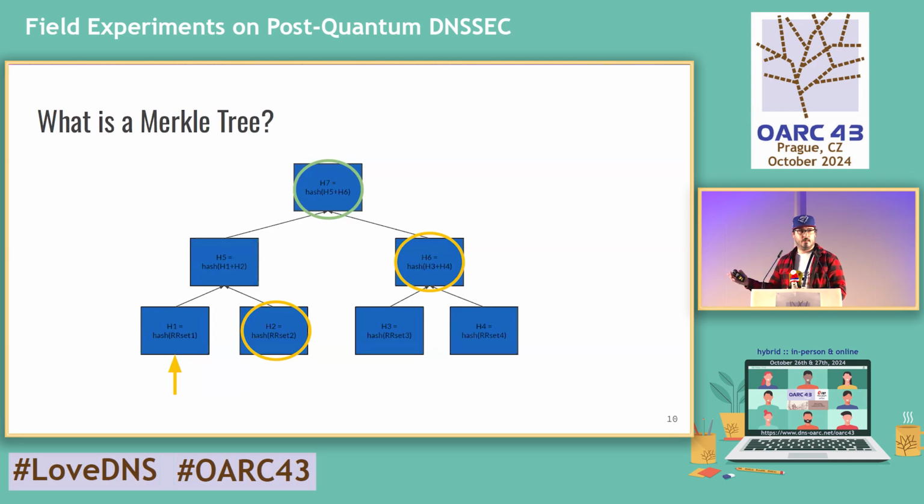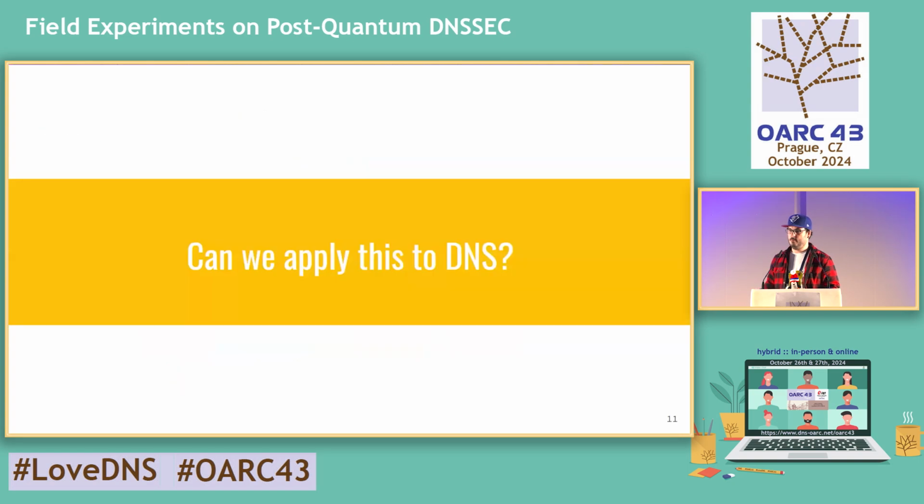You're then provided H6. You combine those together, hash the combination, and then you get a computed value for H7. And H7 is provided to you as the root node. You then compare what you computed against what you were told the root node was. If they're the same, then you can safely assume that this data was part of this Merkle tree. If they are not the same, then someone's lying to you.